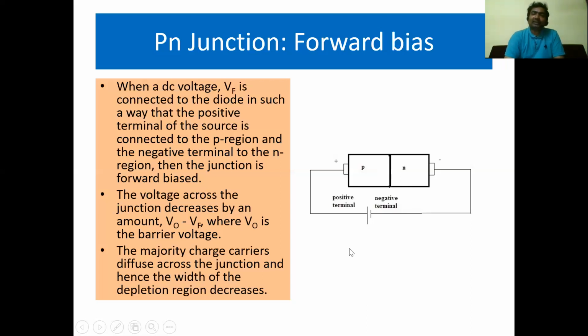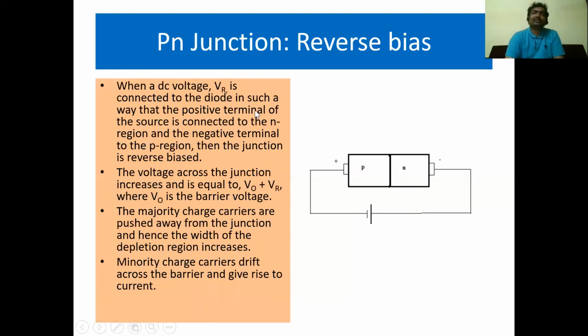So when we forward bias this PN junction diode, the contact potential or depletion region potential gets subtracted from the applied forward voltage. In this condition, the majority charge carriers diffuse across the junction and hence the width of the depletion region decreases.